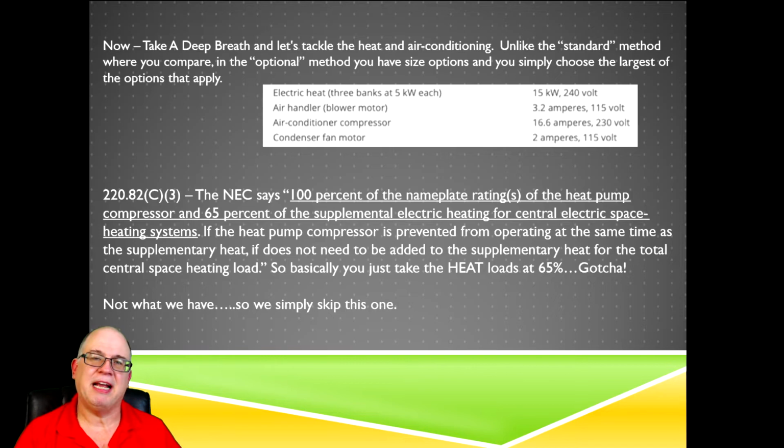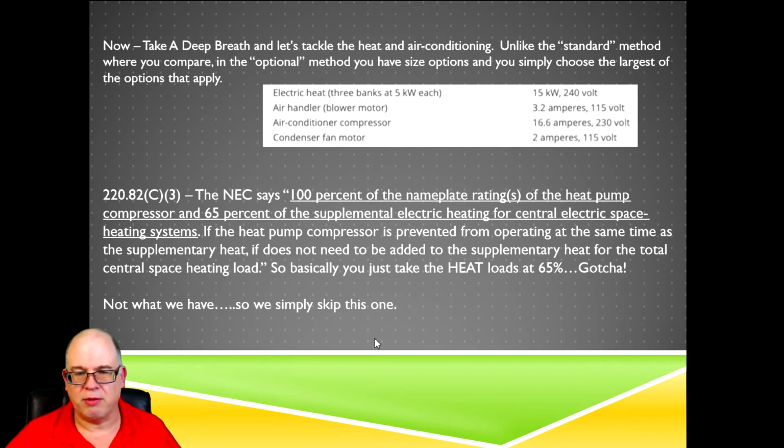But I just want to make it clear that if you get an application where you know that you're not going to have both of them on at the same time, then I can use the heat at 65%. Okay? And more often than not, in this case, the heat is going to be greater anyway than the heat pump value for the heat pump compressor. Okay? So it makes sense.